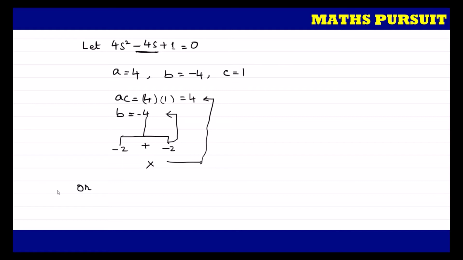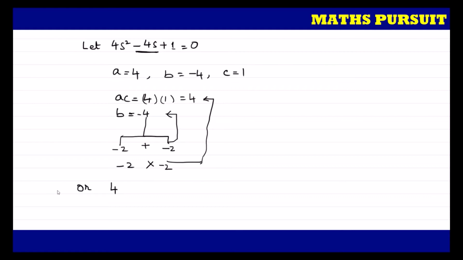So these are the two values by which I can split the above equation. That means if I multiply -2 with -2, we get plus 4, and if I add, we get -4. Now, what can I write?